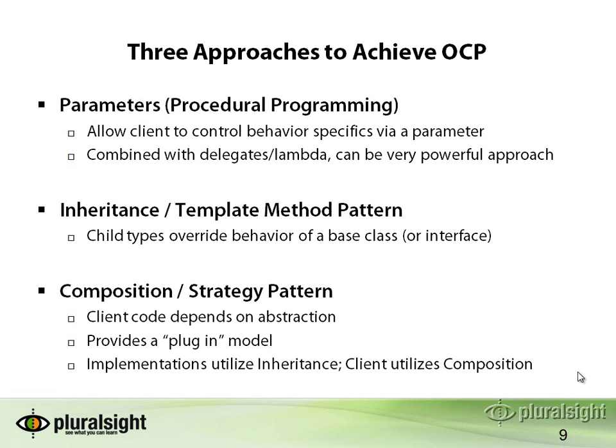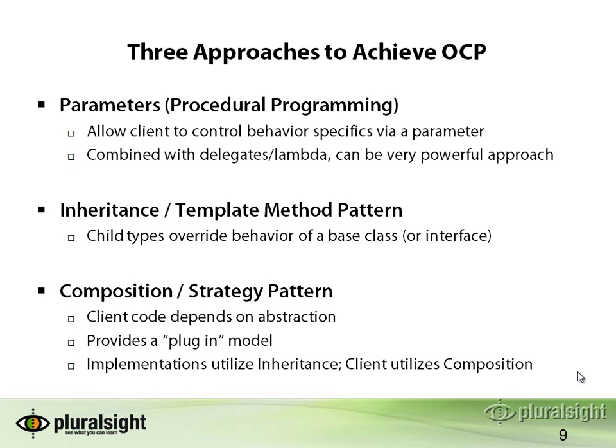Now, this typically involves sending some kind of state to a function or to a class. For instance, a string that has some information in it, and based on that information, your class will behave a certain way. But realize too that you can combine this approach with delegates and lambda expressions so that it can be very powerful at actually changing exactly how the class or the function behaves and what it actually does.